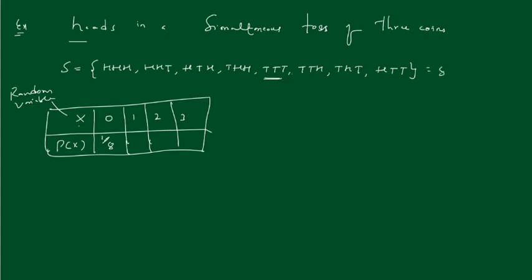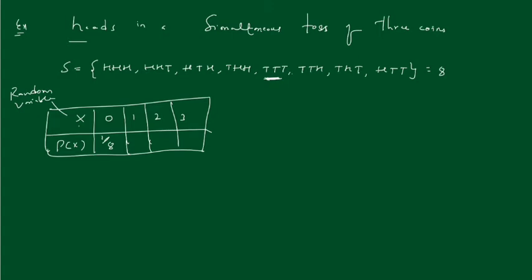The sample space has 8 sample points, right? So here it is 1 by 8. Only one sample point is present in this. 0 stands for no head.